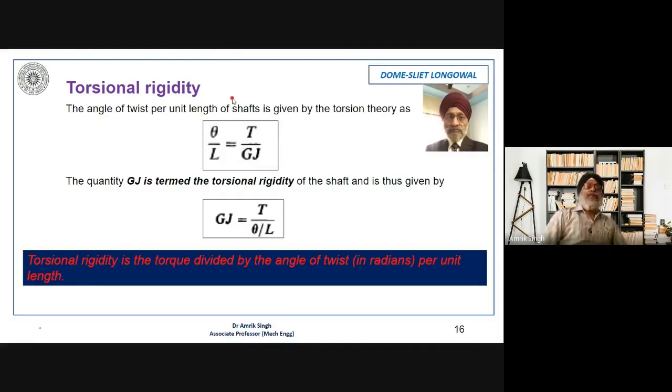The quantity GJ is termed as the torsional rigidity of the shaft. Torsional rigidity is the torque divided by angle of twist in radian per unit length. So if we take a shaft of unit length and having a unit angle of twist, it is equal to the torque which it can transmit. This way we can understand what torsional rigidity is.